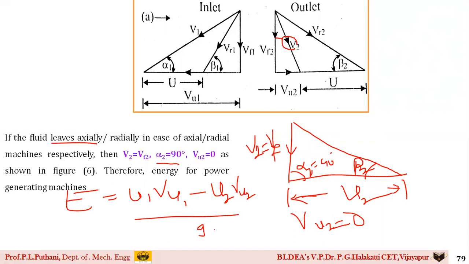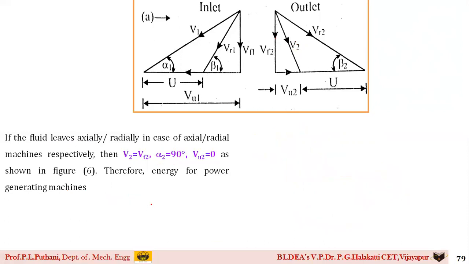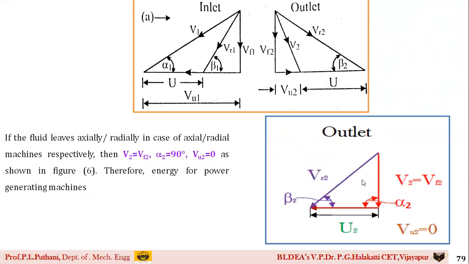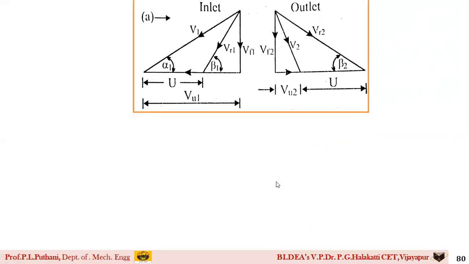You have already said that the fluid is moving out of the triangle axially, which means Vu2 is 0, so this term becomes 0, and you are left with U1 Vu1 by Gc itself. Therefore, as per figure 6, the sketch of the outlet velocity triangle, you can see that alpha 2 is equal to 90 degrees. Therefore, your energy equation is E equal to U1 Vu1 by Gc.